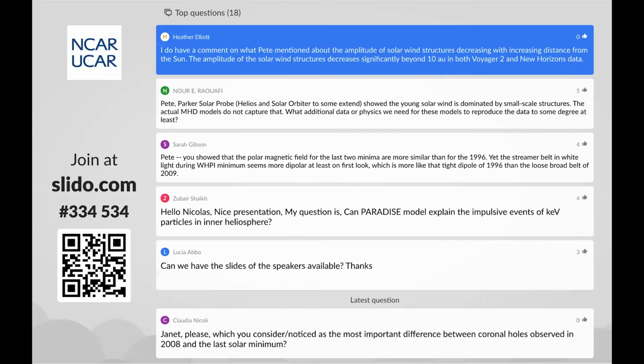If you look at the 2008, 2009 magnetograms and compare those with the 2019 magnetograms, there's a lot more structure at mid-latitudes from those active regions. And so I think it's that relative balance which might explain why the recent minimum had a structure that, in white light, was more like the WSM interval.